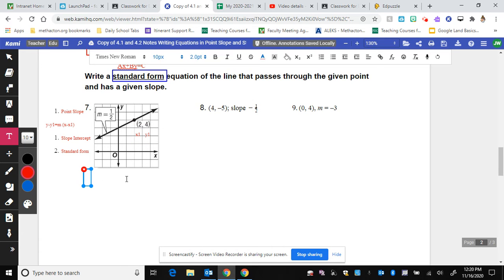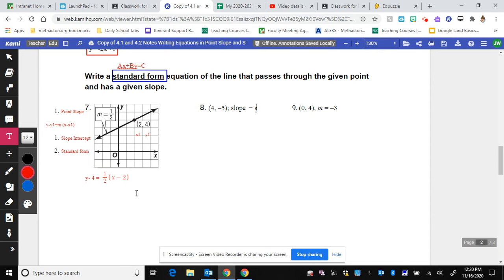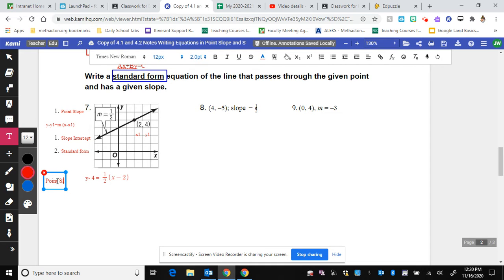So if I go to plug this in, make my font a little bigger here, I'm going to have y minus 4 equals 1/2 parentheses x minus, and my x is 2. Okay, so right now, there's nothing here to really simplify. So I've put this into point slope. This is point slope formula right here.